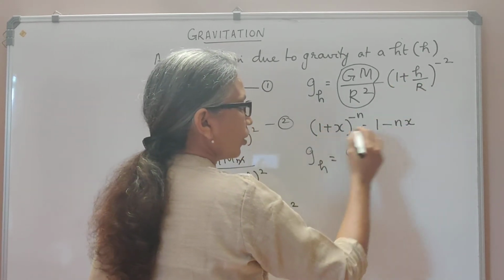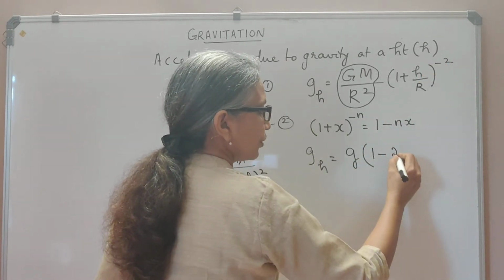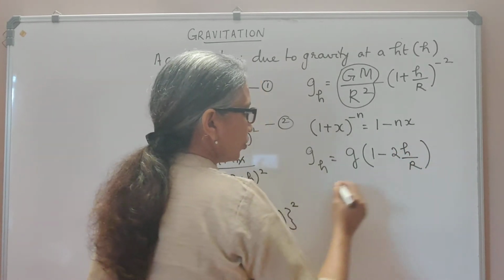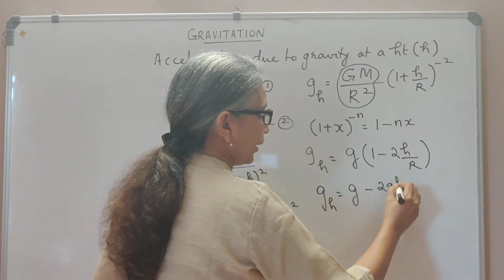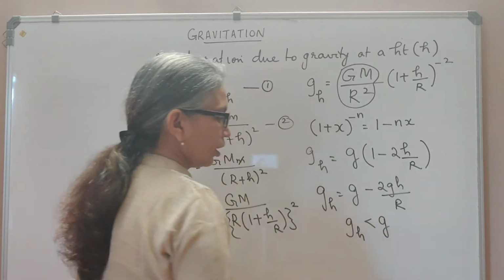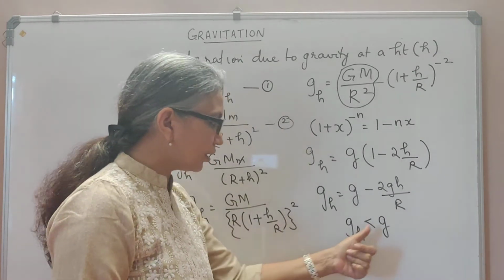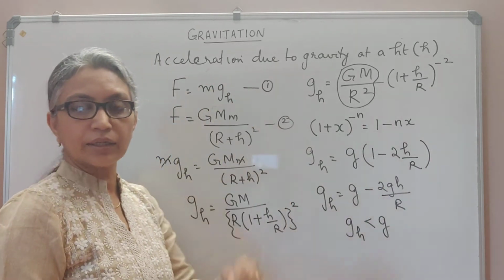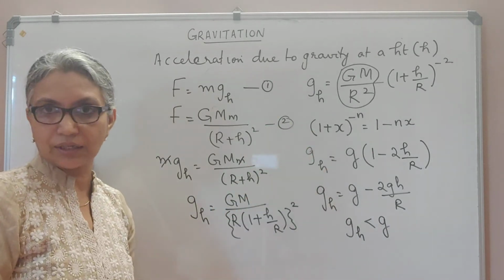So the first term is 1, minus n is 2, so 2 into x is what? h by R. So now I may write g_h is equal to g minus 2gh by R, showing you that g_h is less than g. So as we go higher, you see that the acceleration due to gravity is becoming lesser than g, lesser than 9.8. So it's 9.8 on the surface of the earth. You go higher and it becomes lesser than 9.8. That's what we see from this derivation.